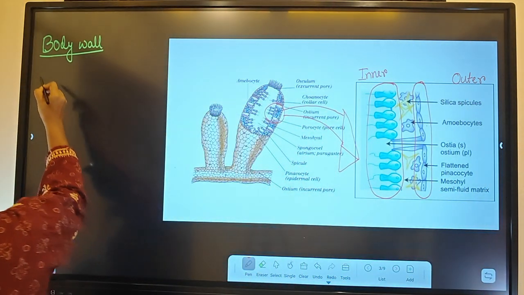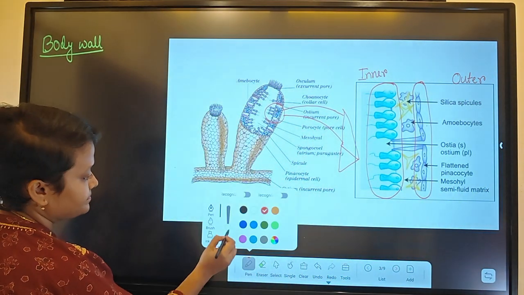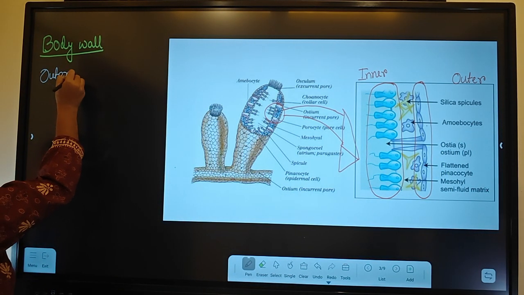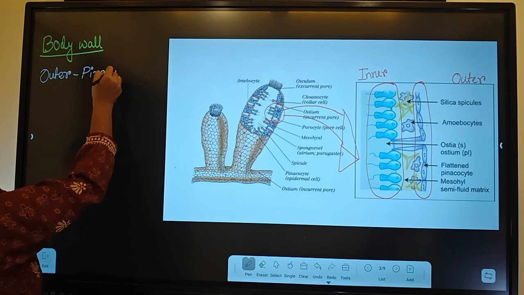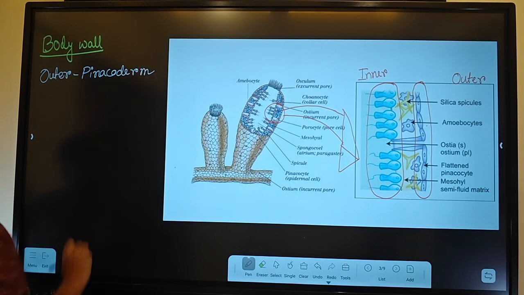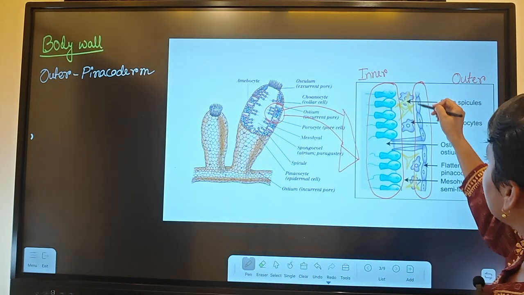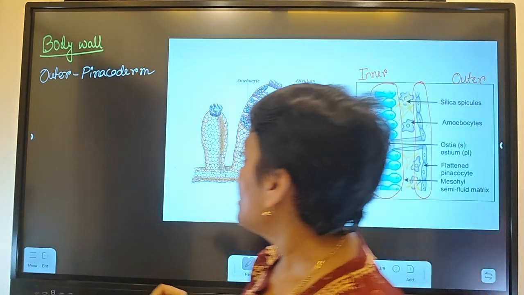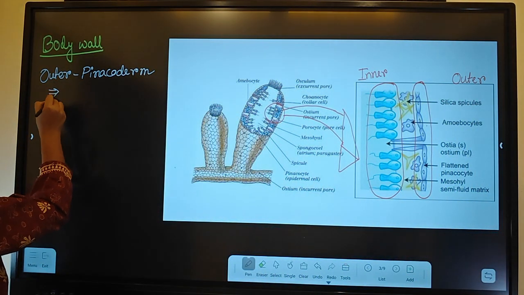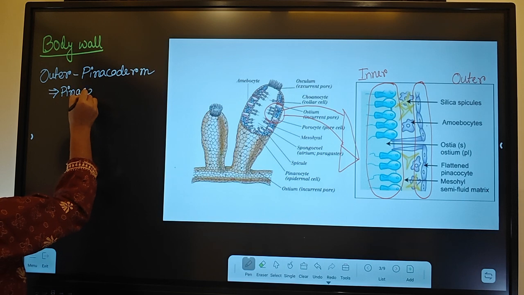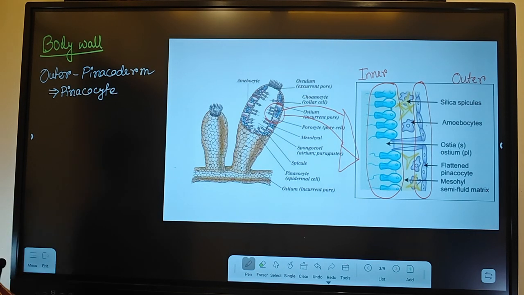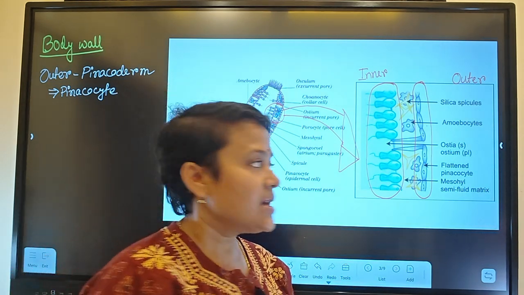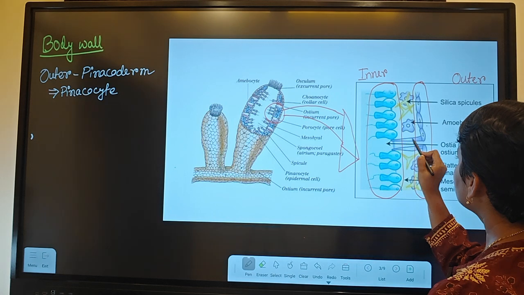So the outer layer will be called pinacoderm. And you can see here the flat cells which surround the body will be called pinacocytes. So the outer layer is made up of pinacocytes, and as I told, the body surface will have a lot of pores, and the pores are guarded by cells.